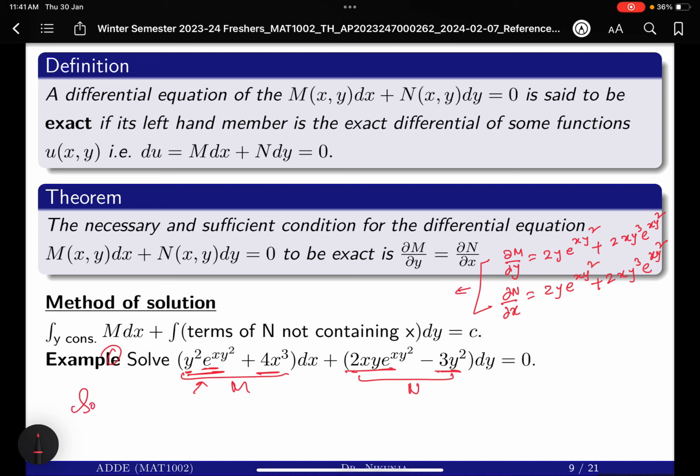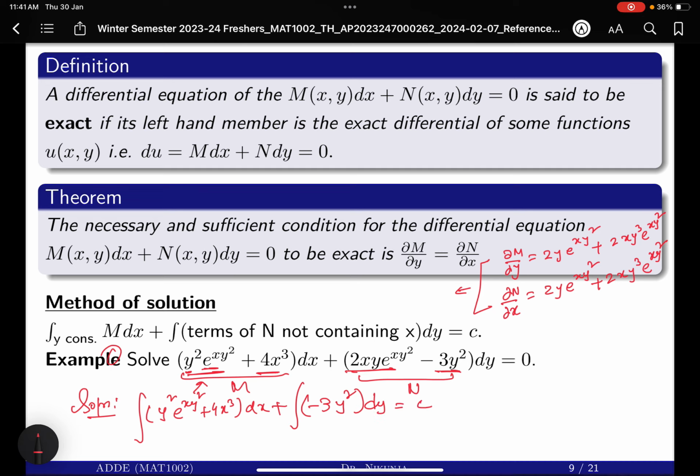So the solution is given by integral M dx, where y is constant, e power x y square plus 4x cube dx, plus the term in N not containing x, which means minus 3y square dy, is equal to c.